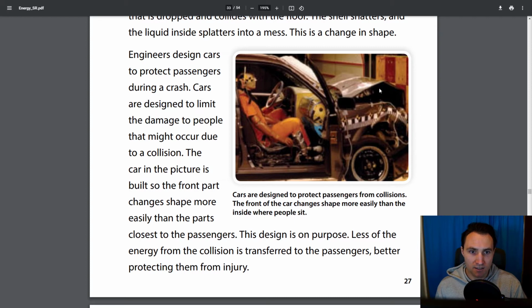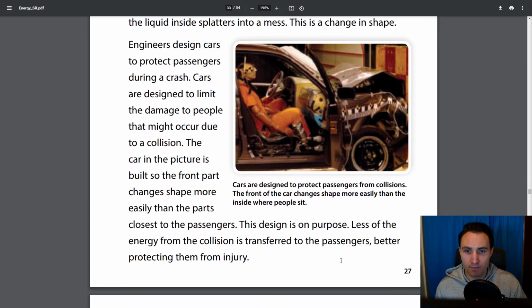So as we can see, this front is being changed in shape, smashing and getting smaller, but it's doing that so that these places around the passengers, and these are just dummy passengers, not actual people, you see little to no change right here. So this design is on purpose. Less energy from the collision is transferred to the passengers, better protecting them from injury.